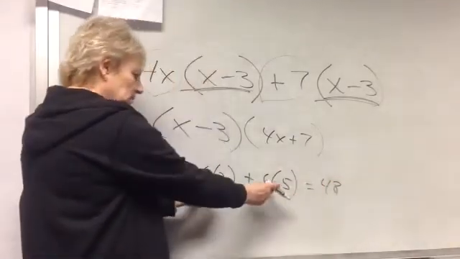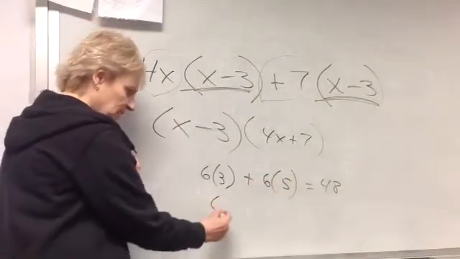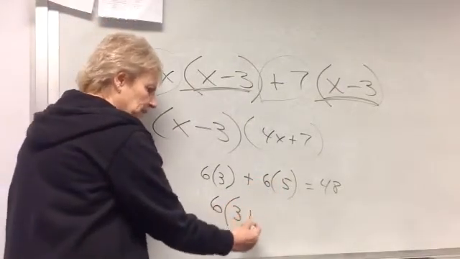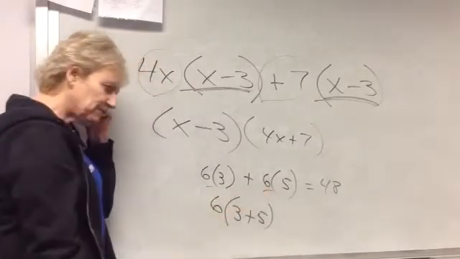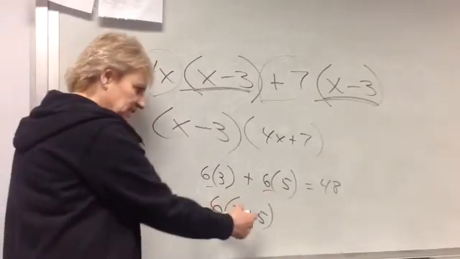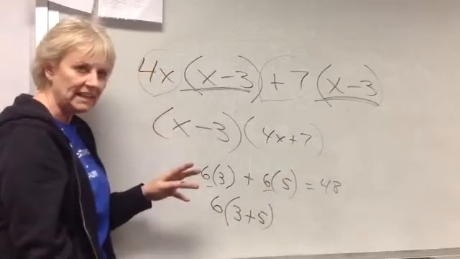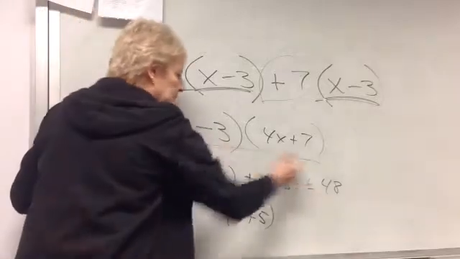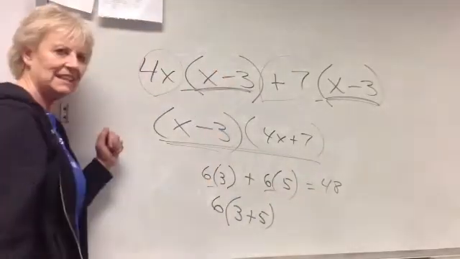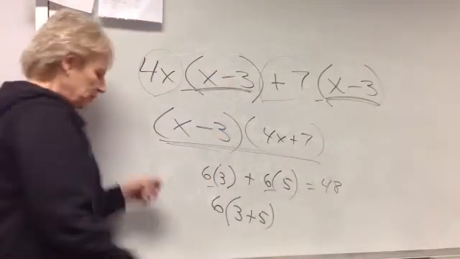You can pull out the 6 and write it as 3 plus 5. All I did was pull out the greatest common factor. That's 6 times 8, which is still 48. When I multiply this, I get this back. If you don't believe me, I'll show you.